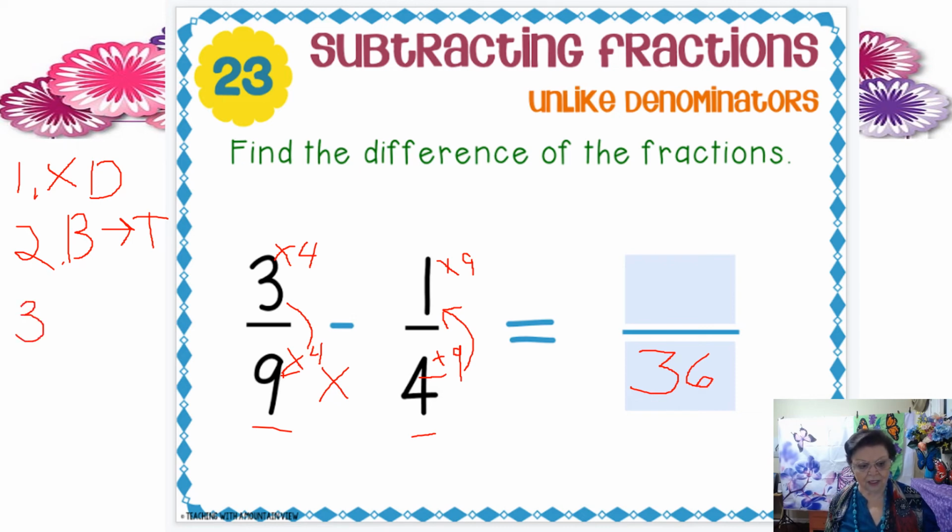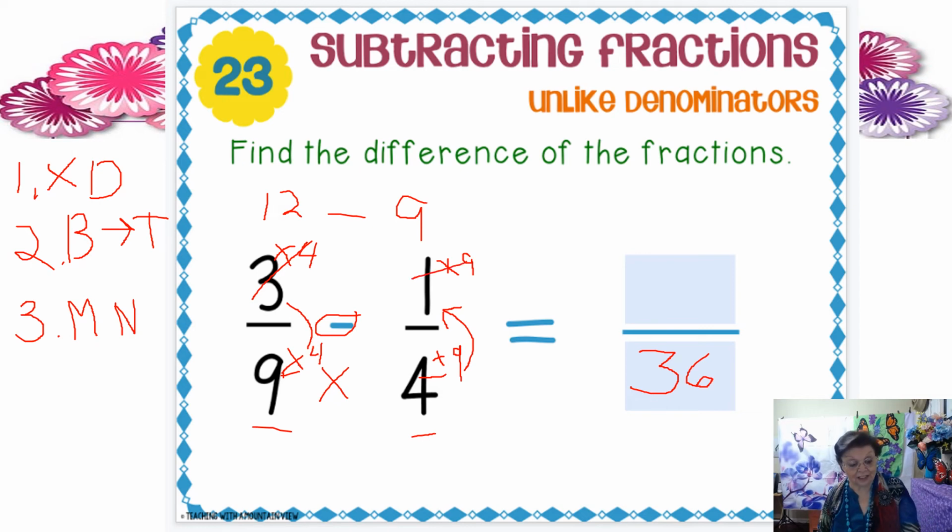So 3, multiply your numerators. 3 times 4 is 12, minus 1 times 9 is 9. So these are our new numerators.